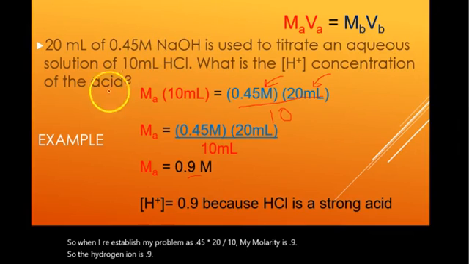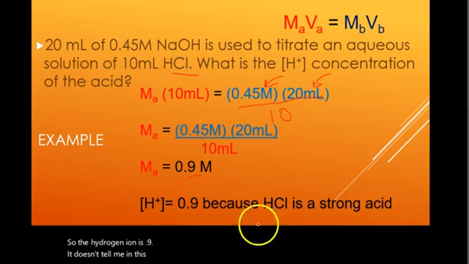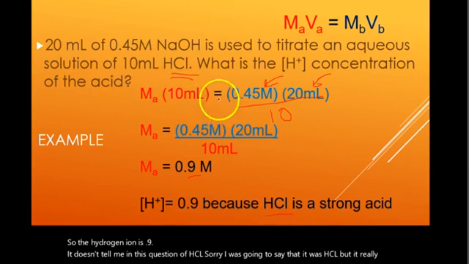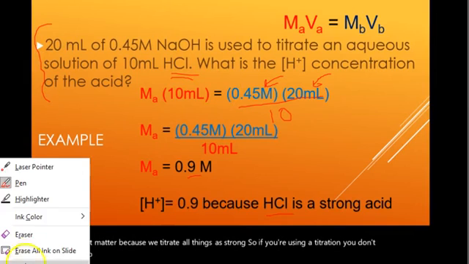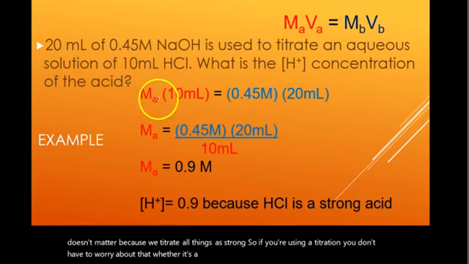It doesn't tell me in this question, of HCl, sorry. I was going to say that it was HCl, but it really doesn't matter because we titrate all things as strong. So if you're using a titration, you don't have to worry about whether it's a strong or a weak acid, like we did when we were given a solution by name.